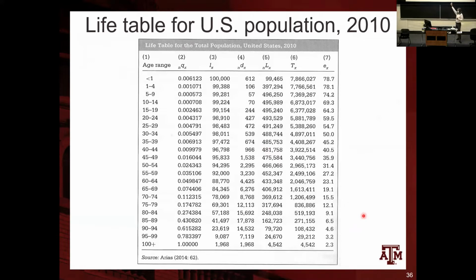Where is the information about mortality on the life table here? The information about mortality is exactly column 2, the probability of people dying in each one of the age groups. Where is the information about fertility? Fertility is the little L0, 100,000.